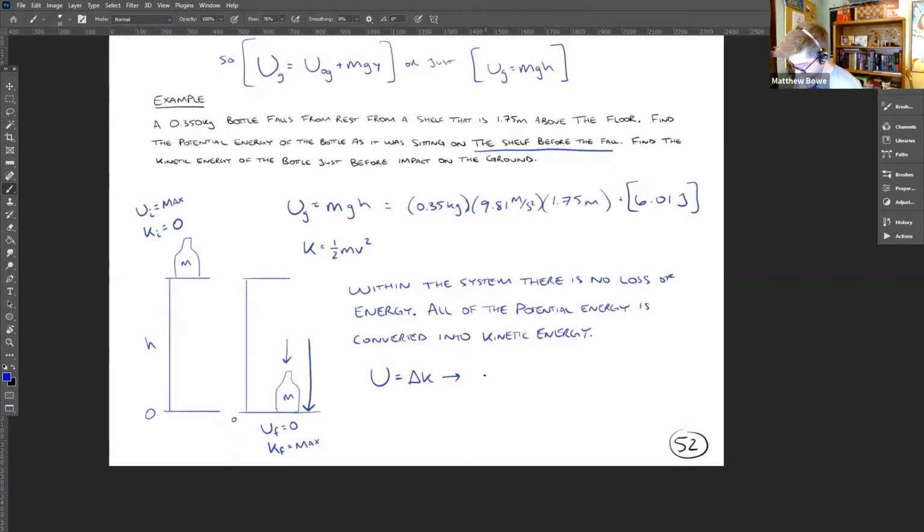We saw that this is just mgh, final kinetic energy minus initial kinetic energy. I've just shown up here that it was 0 when it's sitting on the shelf. So same sort of deal.